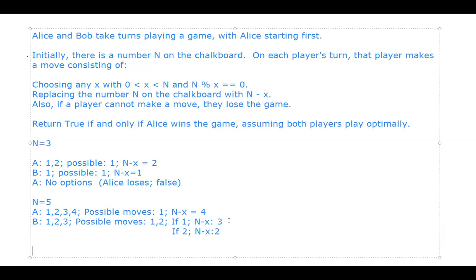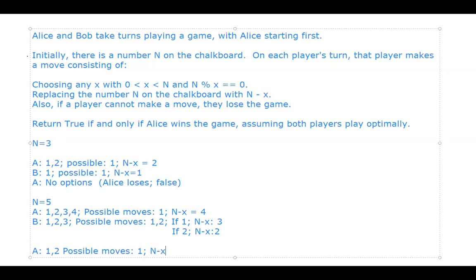Now, let's say I go with the first one and I pass 3. In that case, Alice has options 1 and 2, and the only possible move is 1.